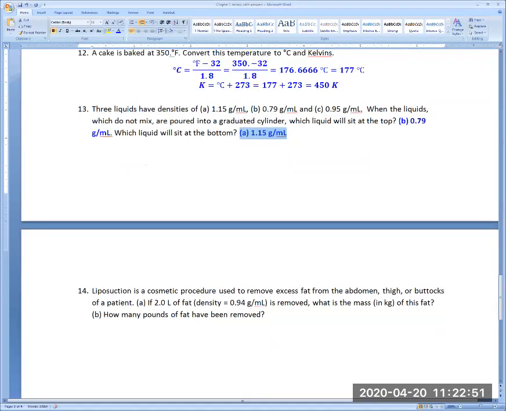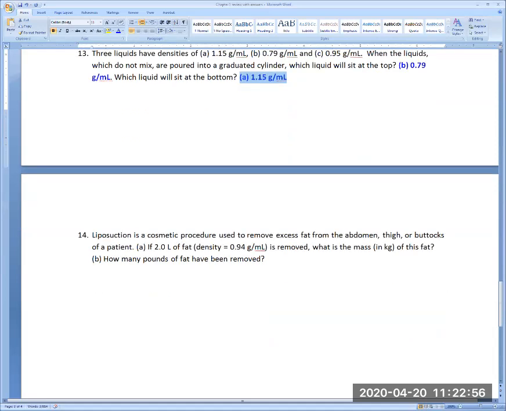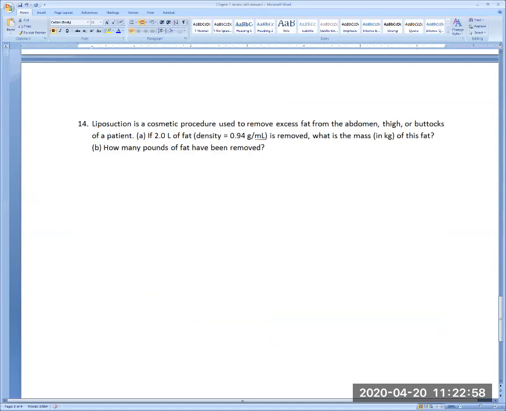Okay, so let's do a final problem here. Liposuction is a cosmetic procedure used to remove excess fat from the abdomen, thigh, or buttocks of a patient. Question A, if 2 liters of fat, and we are given the density, is removed, what is the mass in grams of this fat? So let's do question A first.